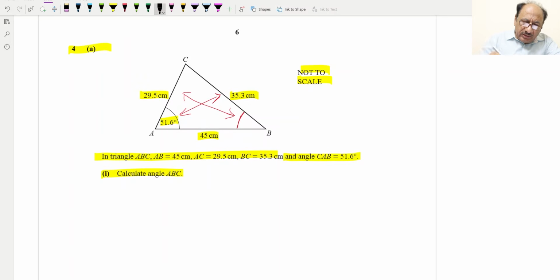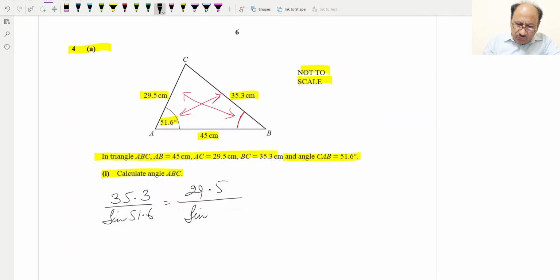So we will write, by the sine rule, 35.3 over sine of 51.6 will be equal to 29.5 over the opposite angle, and what's the opposite angle? It is ABC. So we'll take sine of ABC.